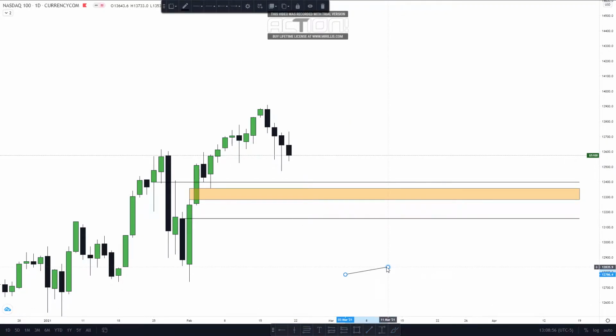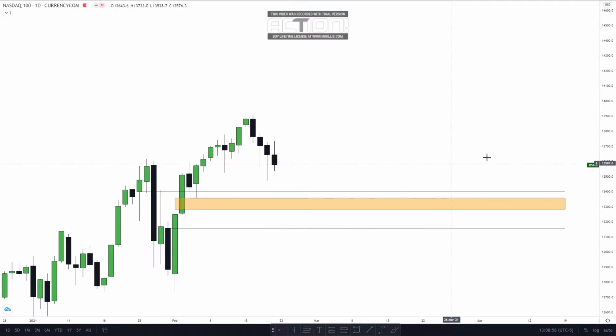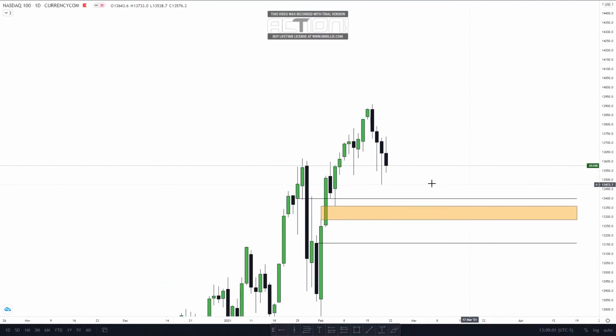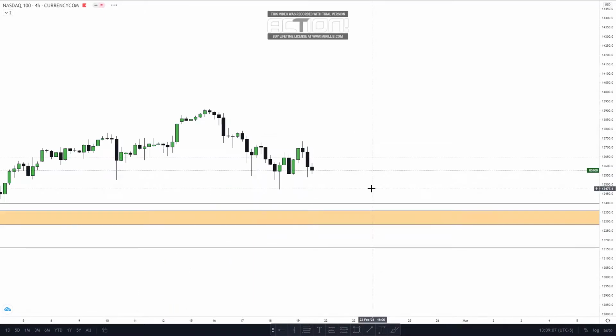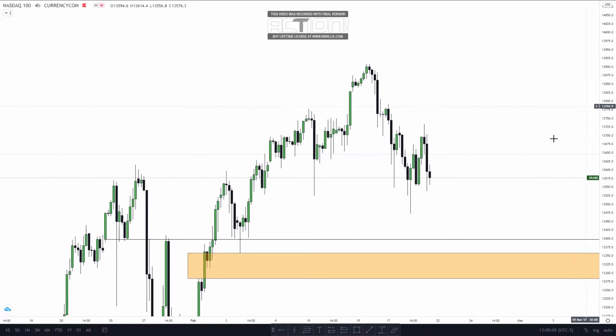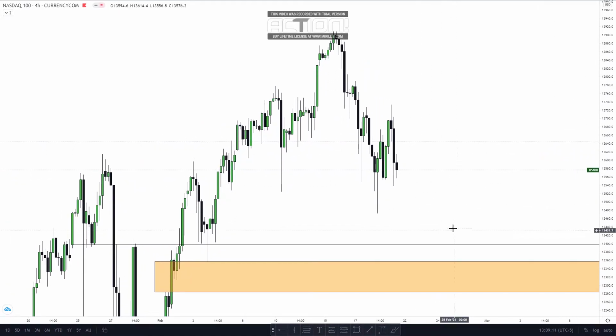All right, let's see how we can define this on lower time frames. I'm just going to keep these levels up just in case. Let's go down to the 4-hour time frame.